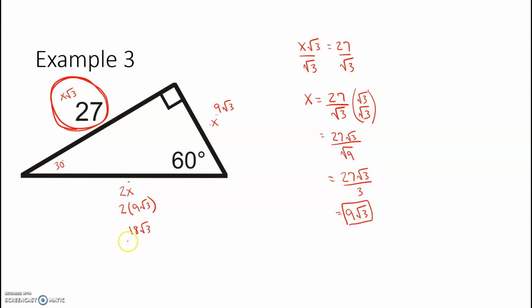Whole numbers with whole numbers. And there's my 2 missing pieces. So if they asked me my short leg, 9 root 3. If they asked for the hypotenuse, 18 root 3. If they asked for the long leg, 27. They already gave it to me.